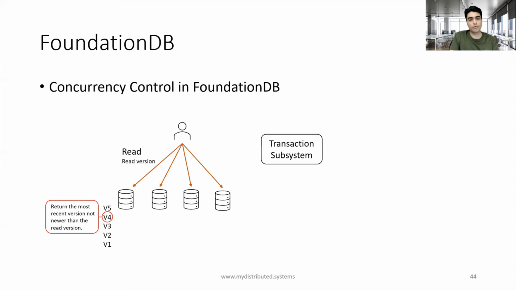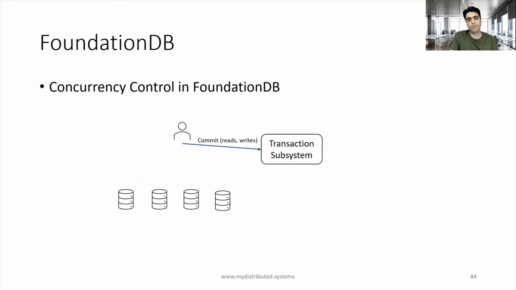This is for read. Writes are very simple in FoundationDB. They will be buffered at the client. For write, the client doesn't do anything with the database. It just buffers all of the writes on its side. Once the client is ready to commit its transaction, it sends a commit request to the transaction subsystem, and the client includes its read and write set.